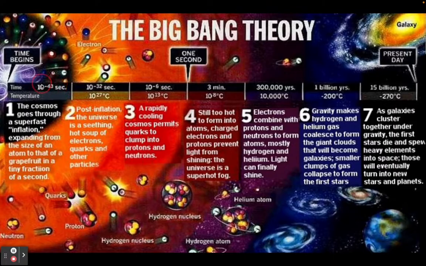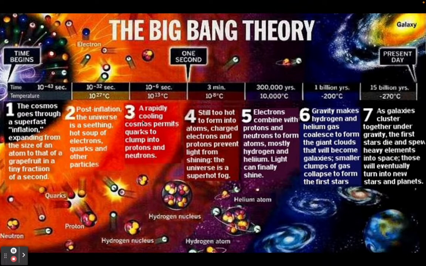So really quickly. Then you have the post-inflation stage. This is where the universe is a seething hot soup of electrons, and again quarks and other particles are produced as well. This is at 10 to the negative 3 seconds, and the temperature of the universe is 10 to the 27 degrees Celsius.